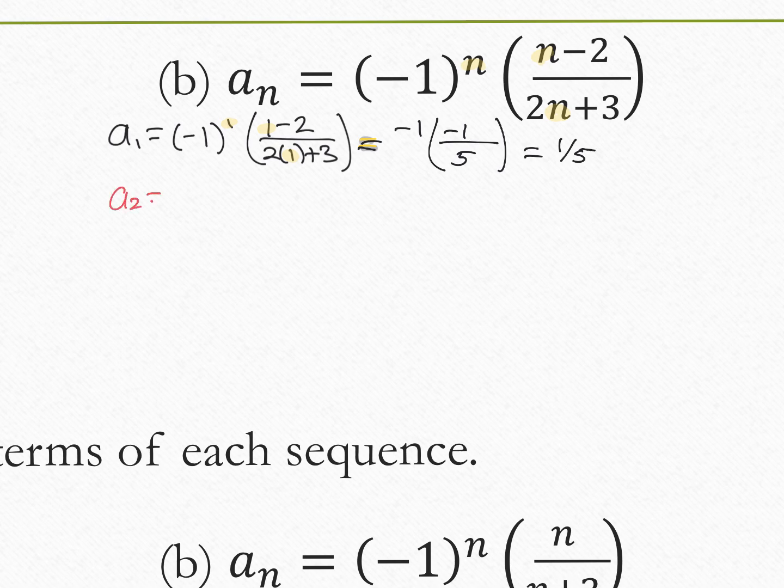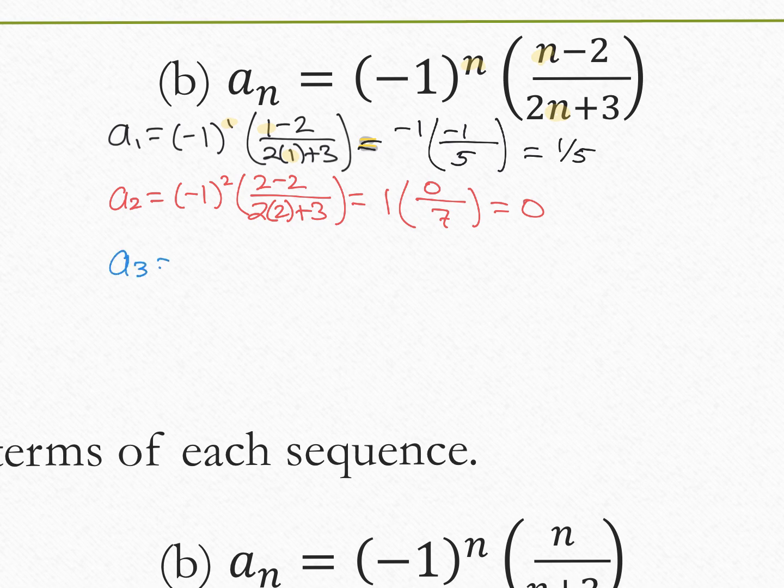Second term, negative 1 to the second power times 2 minus 2 over 2 times 2 plus 3. Negative 1 to the second is a positive 1. 2 minus 2 is 0 over 2 times 2, which is 4, plus 3 is 7. This would give us 0. A sub 3. Negative 1 to the third power times 3 minus 2 over 2 times 3 plus 3.